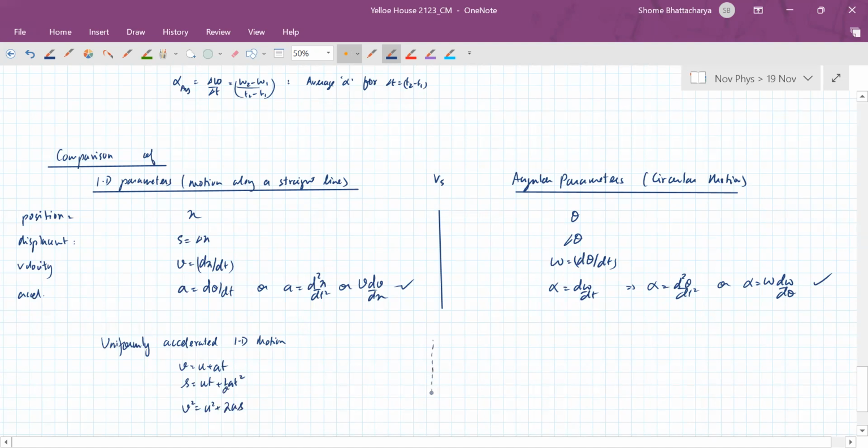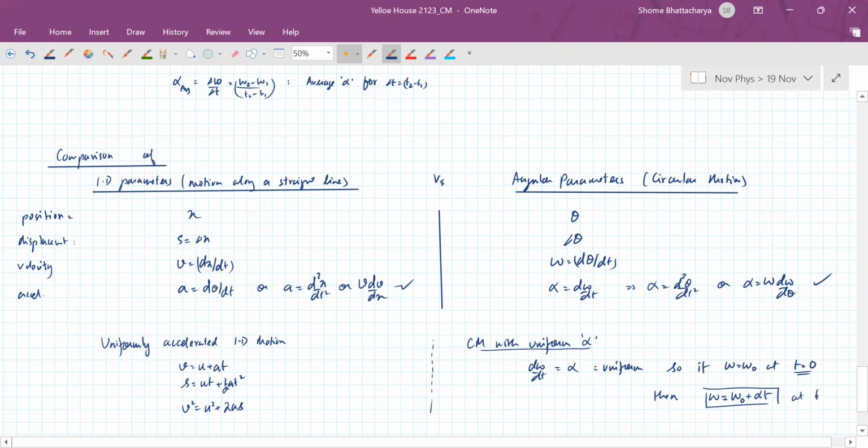So here also, if we have circular motion with uniform angular acceleration alpha, we can see that d omega by dt, which is alpha, is uniform. So if omega is equal to omega naught at time t equal to 0, then omega will become omega naught plus alpha t at time t.